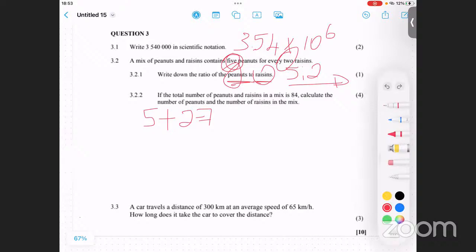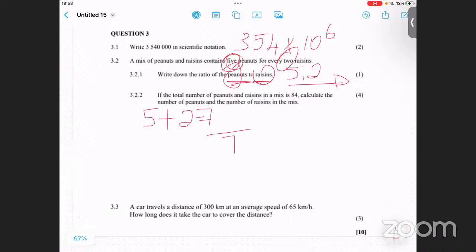Guys, do you hear me? Okay, so we have a total of 7. Now, because they say 5 peanuts, you're going to say 5 over 7 in a bag is going to be for what? For peanuts, ne?